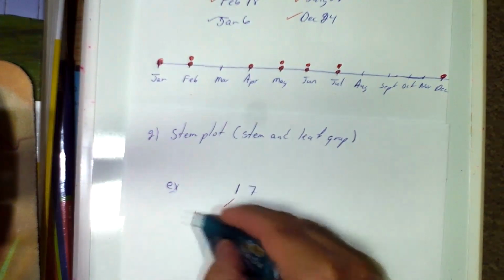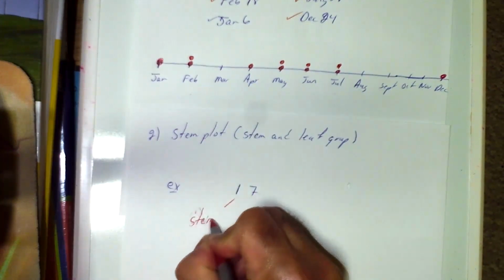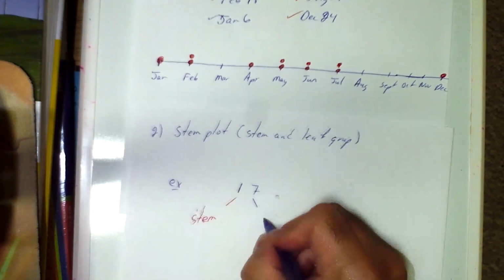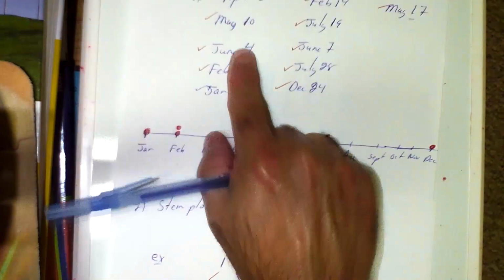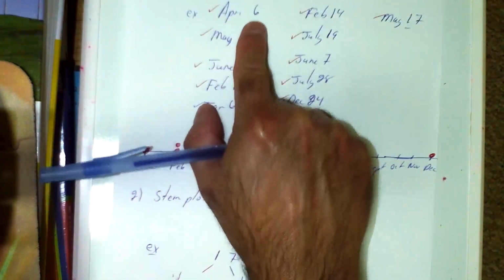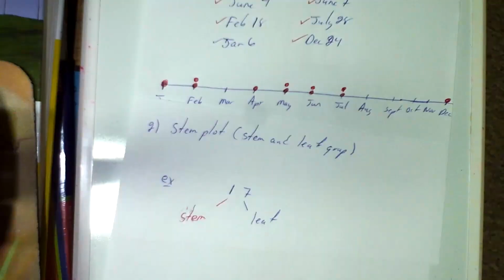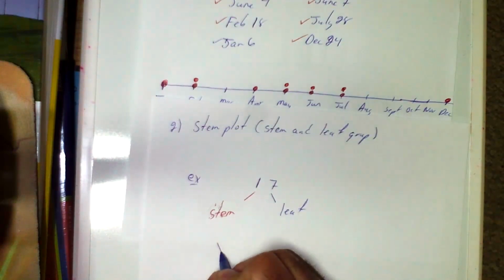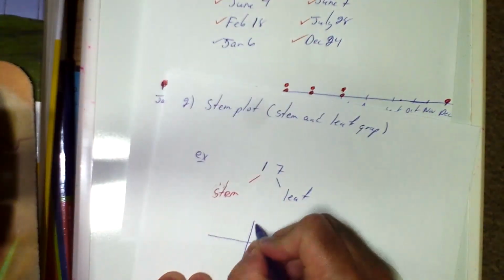So the 1 is the stem, and the 7 represents your leaf. And so what you want to do is get all the days that all the students are born on and separate them into stems and leaves. And so what you do is you create a table, kind of like the T table. And you start listing all the stems.